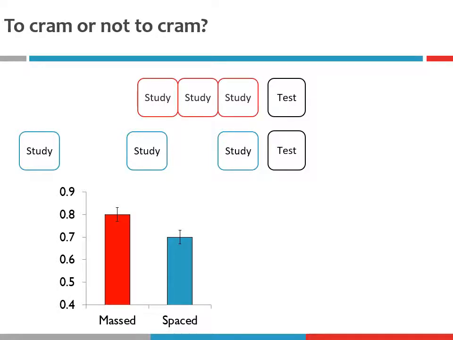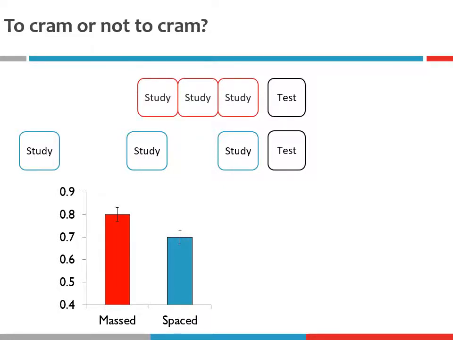So what we see on this immediate test, if we were to compare these two groups, is in the cramming group, which is in red, right? So the cramming group, or massing group, as it's sometimes called, where all of your study sessions are massed together in time, at least initially on that 5-minute test, your recall is going to be at about 80%, right?